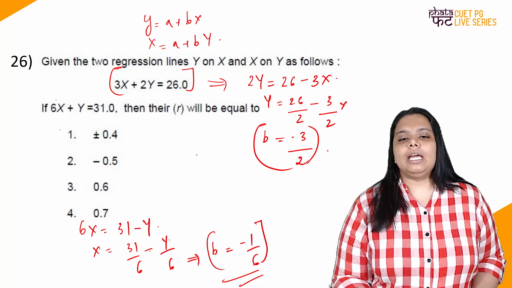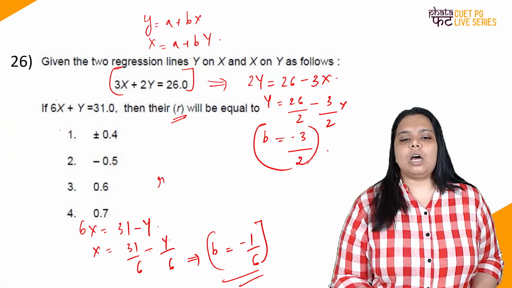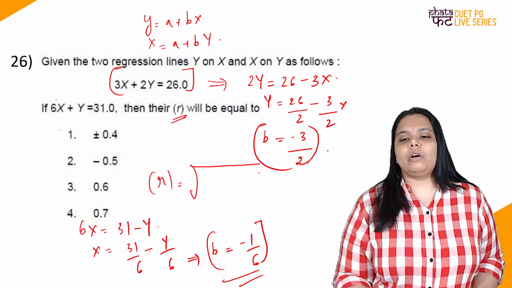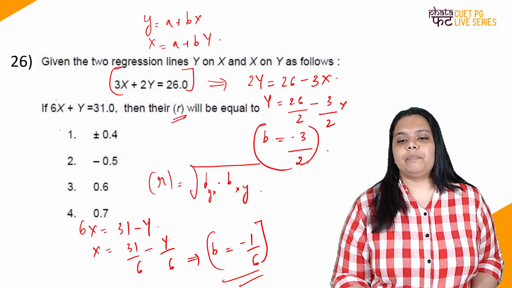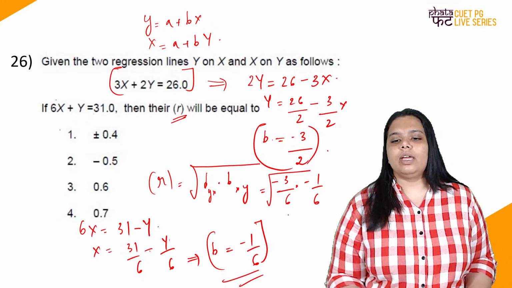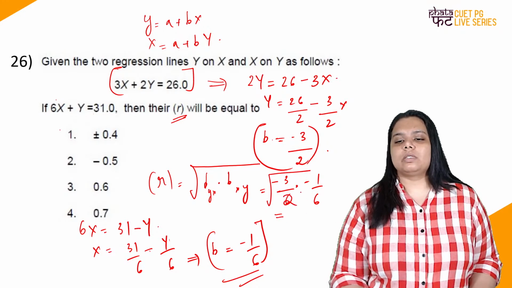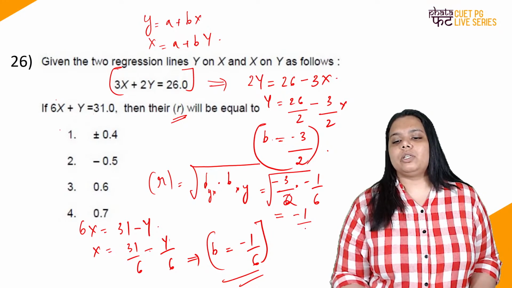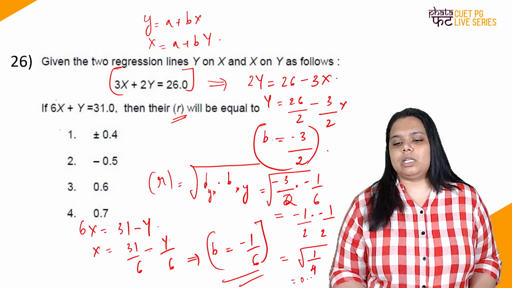Now we have R, which means the correlation coefficient. So R is equal to root of beta yx into beta xy, which is equal to root of minus 3 by 2 into minus 1 by 6, which is equal to root of 3 by 2 into 1 by 6, which is equal to root of 1 by 4, which is equal to 0.5.